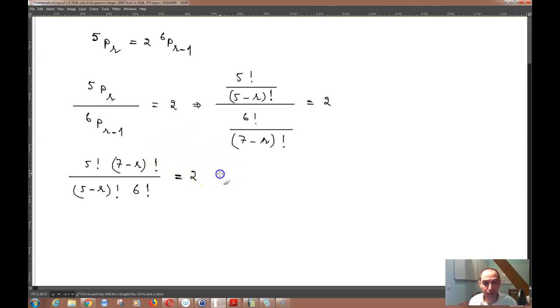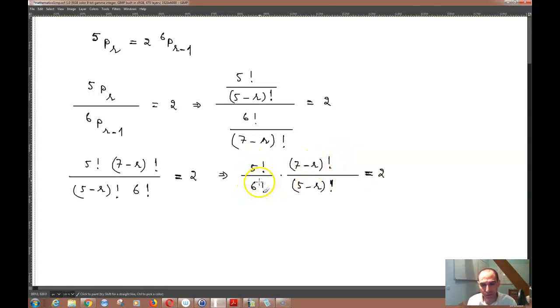So I can write this as 5 factorial over 6 factorial times 7 minus R factorial over 5 minus R factorial, that is equal to 2.